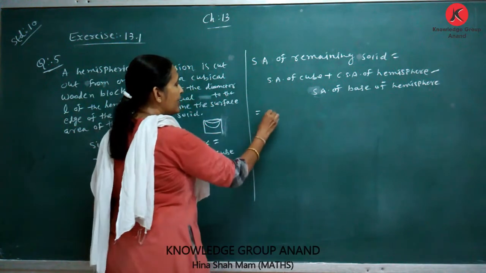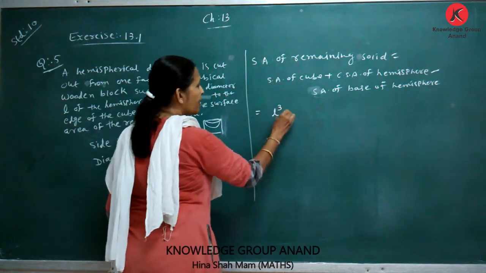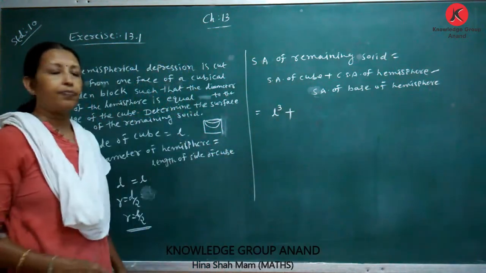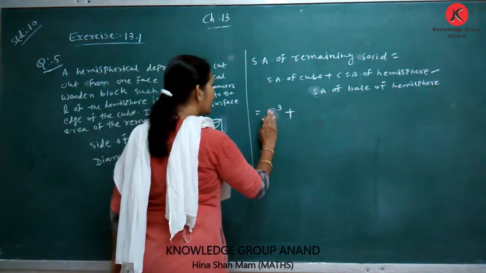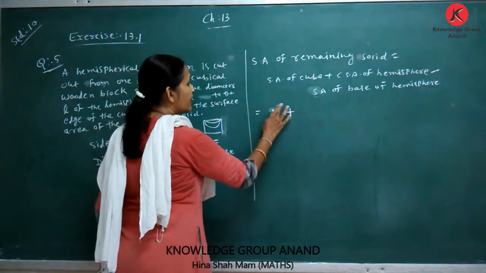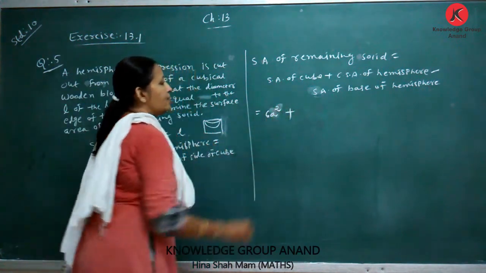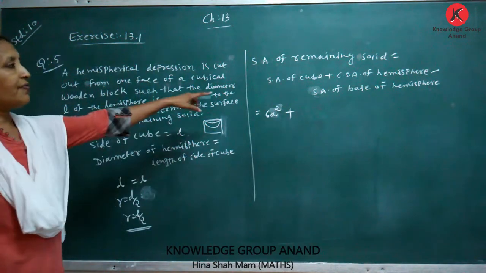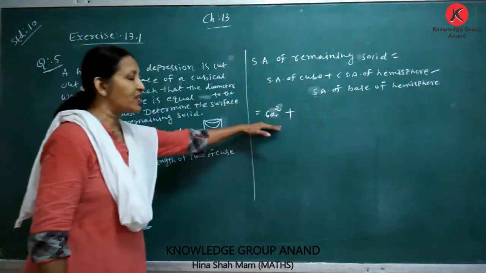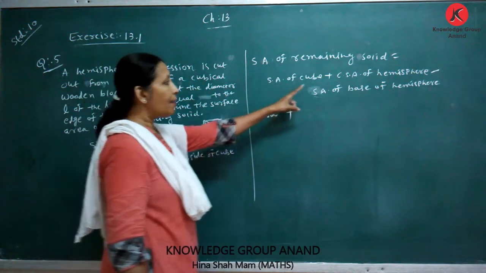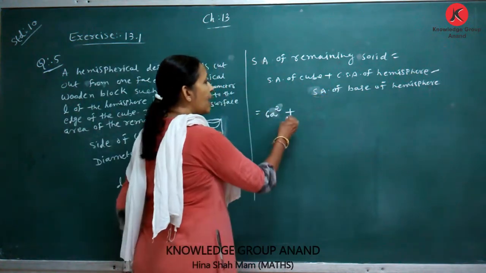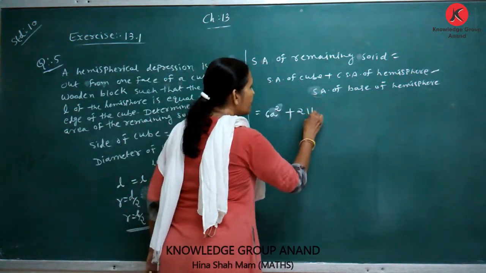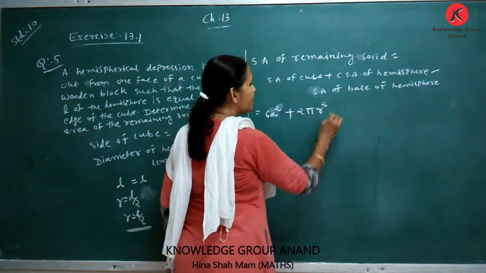Surface area of cube is 6A square. Plus curved surface area of hemisphere 2 pi r square.